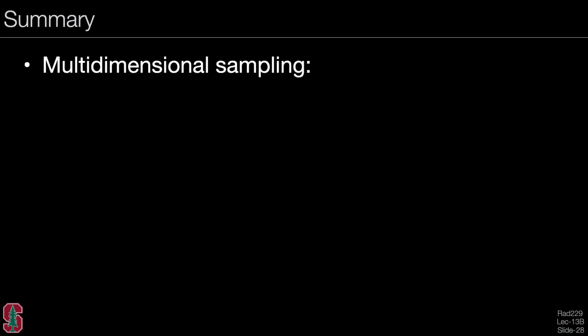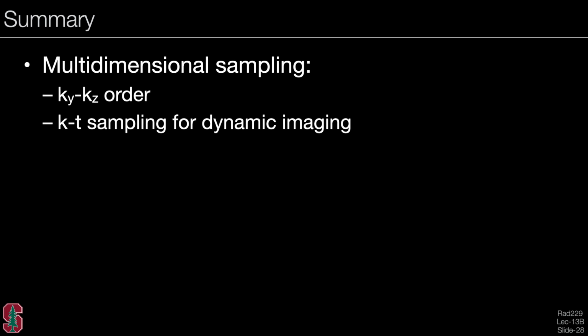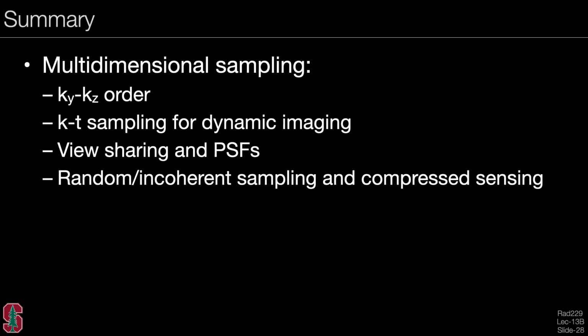So to summarize this lecture, we've talked about multidimensional sampling, where we have the KY-KZ order. We have KZ sampling for dynamic imaging. We've discussed view sharing and point spread functions. If we use random and incoherent sampling, then we enable compressed sensing.